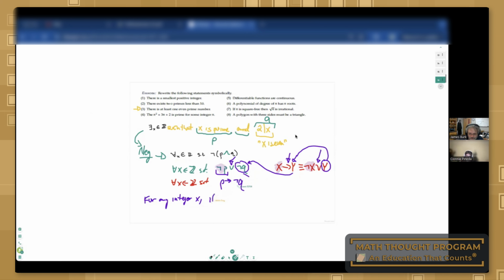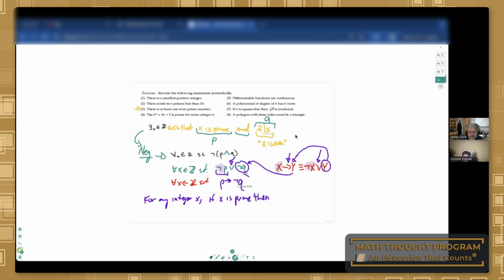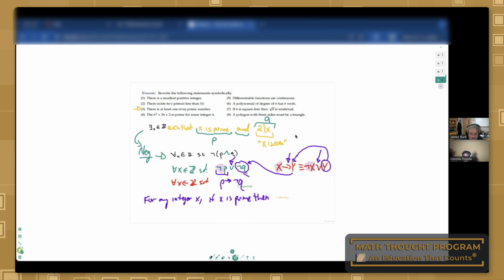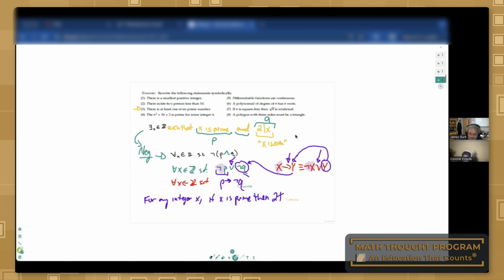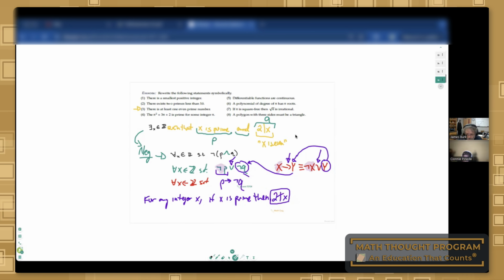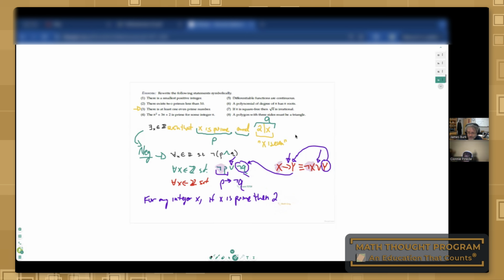So I can say if x is prime, and what's Q? That 2 goes into x, or the 2 divides negation, x. I can say symbolically, you use a universal slash negation. You say 2 doesn't divide it. Or if I just want to verbalize it more, if 2 doesn't divide an integer, then I can say it's odd.